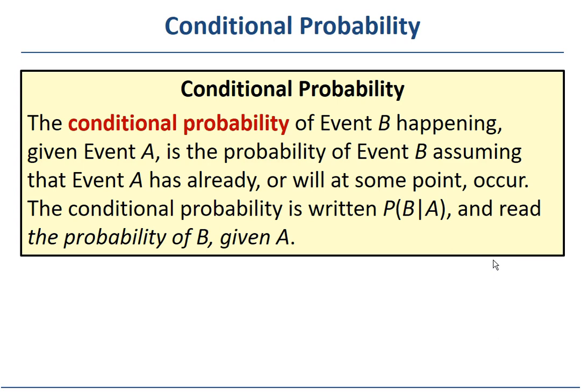Okay, now we talked about the earlier probability. Now we're going to take a look at what is called conditional probability. And what does this refer to?